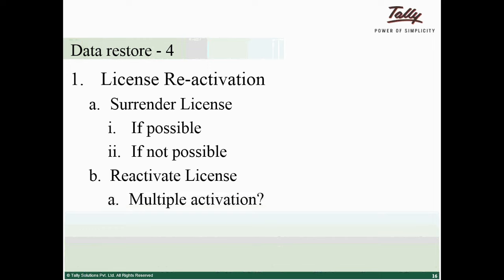Later, if the license servers become aware that the same license is in use on more than one PC, all these will be deactivated, and you will have to call Tally customer care to get a resolution. So by this we have covered the data backup and restore options in Tally, and different scenarios have been shown in the product.